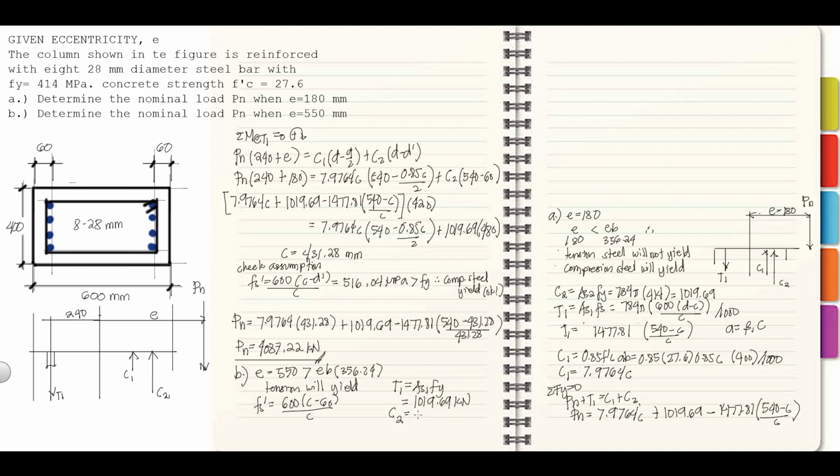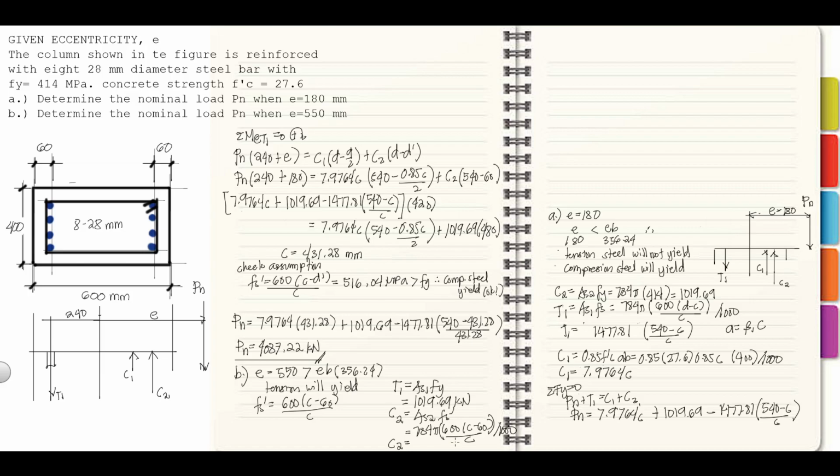Okay? So next, for C2, that is AS2, okay, times Fs prime. Okay, so that is, ang AS2 natin is 784 pi, quantity 600, okay, C minus 60 all over C. So yung C2 natin, divide na natin ng 1,000 to.